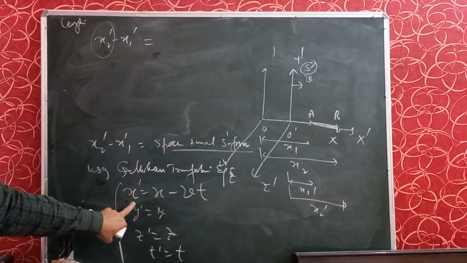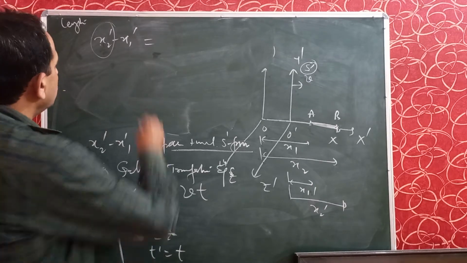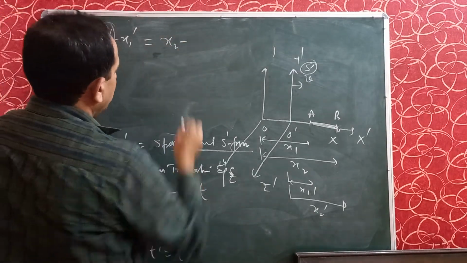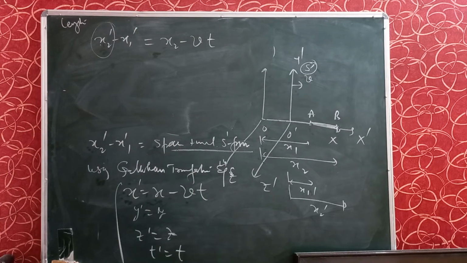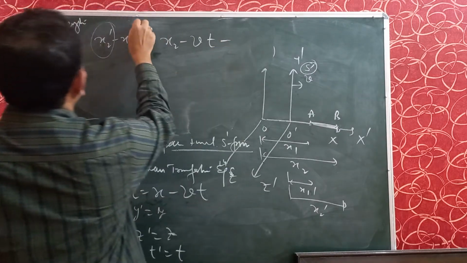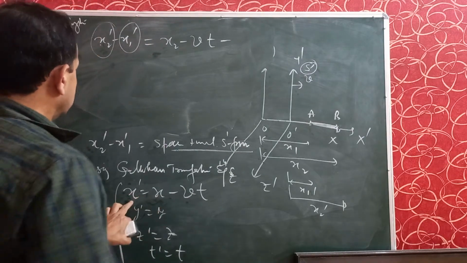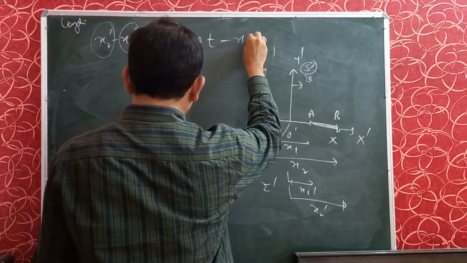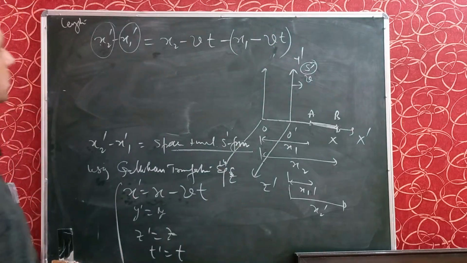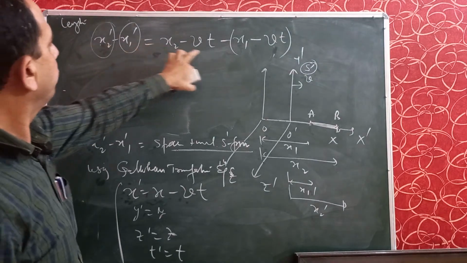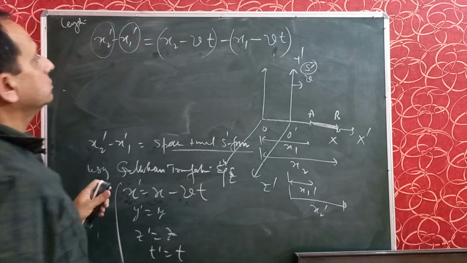So similarly, I am applying this x as 2, it will become x2 dash is equal to x2 minus vt, and minus this x1 dash, we apply 1 here. So it will become x1 minus vt. Okay. So this is the value for x2 dash, it is value for x1 dash.